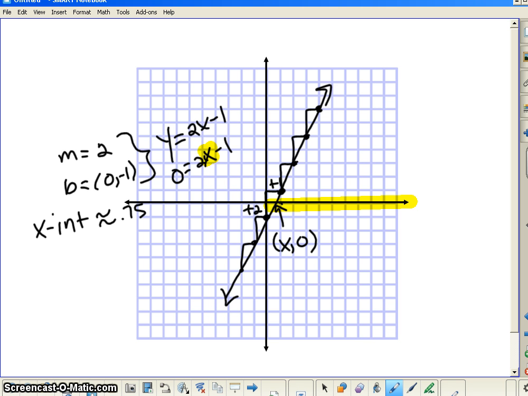What do I do first? The opposite of subtraction is add. 1 equals 2x. Divide by 2. So we were off a little bit, weren't we? It's 0.5. The x-intercept was 0.5. Jenny, does that help? So to answer your question, let y equal 0. You'll find the x-intercept.